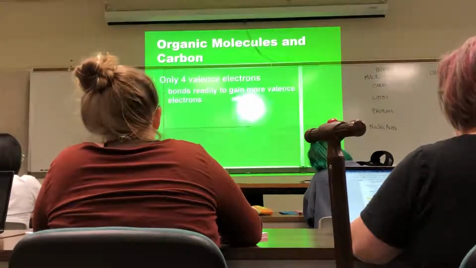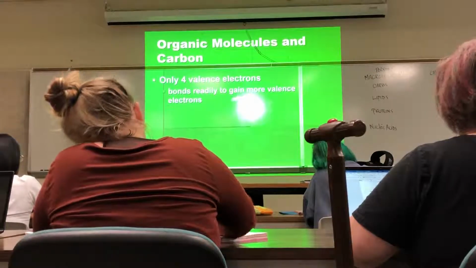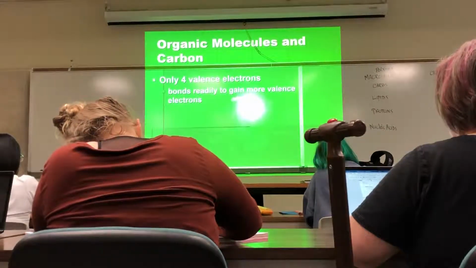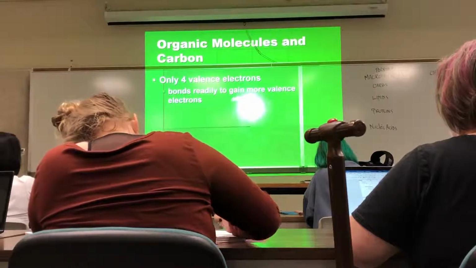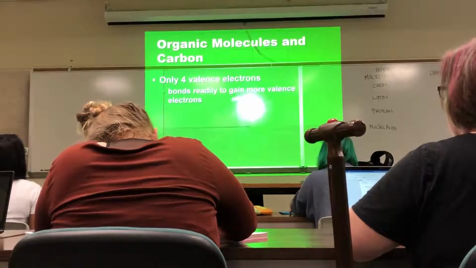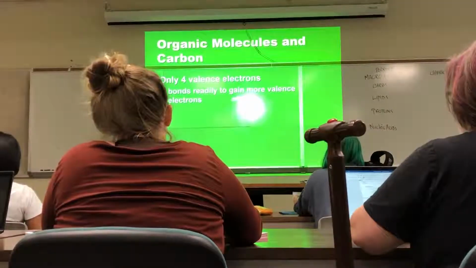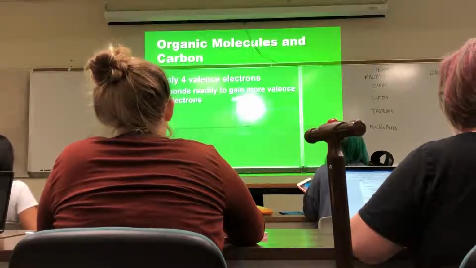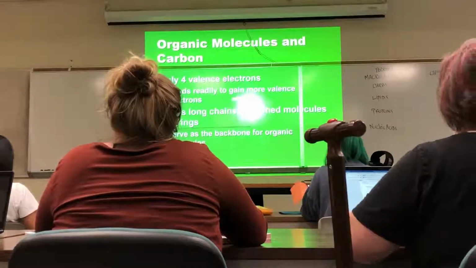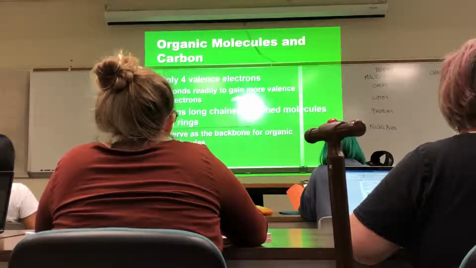When we think of carbs, carbs belong to the organic classification because carbs consist of carbons, and we know that carbon has 4 valence electrons like we drew over here. We know that any organic molecule consists of many carbons in a row.